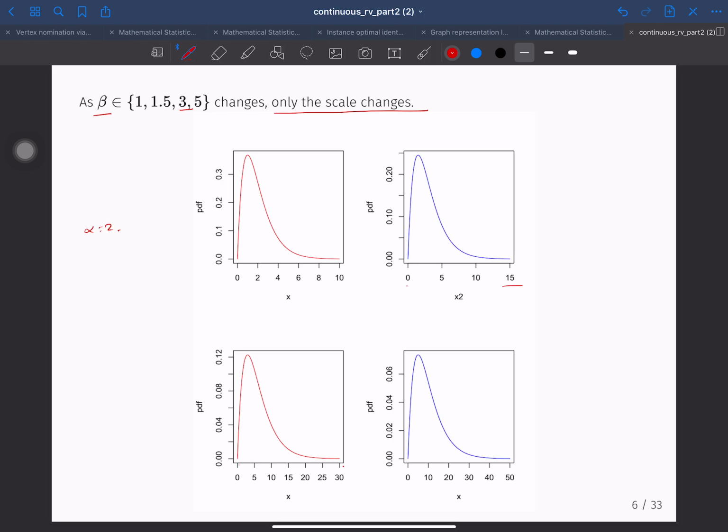Finally, beta equal to 5, I have once again a change of scale to 50, but still the same shape. So in summary, the alpha parameter changes the shape, and the beta parameter changes the scale.